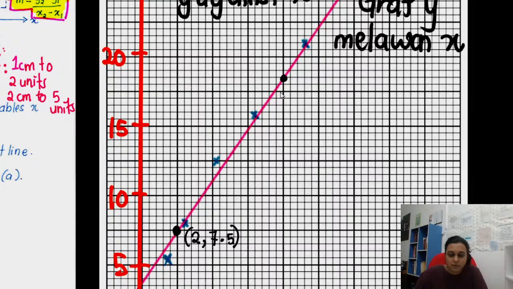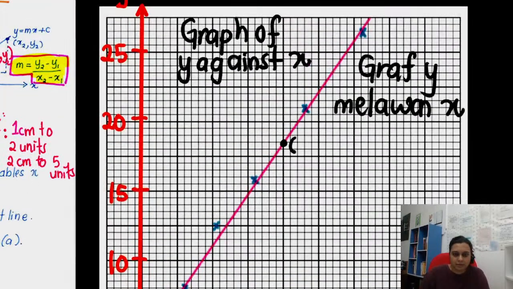You can choose any point that you like, but make sure it's on your straight line. This one is berapa ni? 8. This is 8 and 15.5, 17.5, 18.5. Okay. This is 18.5.